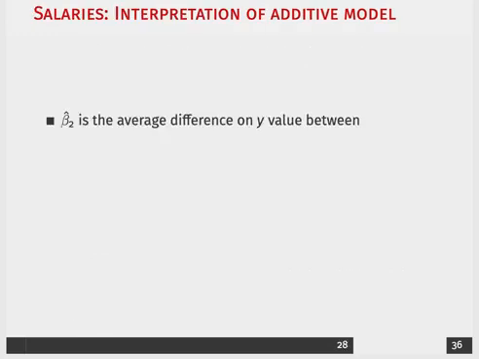Now, I also want you to carefully think about exactly what each of the betas is truly estimating and how we can selectively choose our language to precisely match what we're estimating. So beta 2, which is about our first dummy variable, about assistant, is the average difference of salary, our y value, between assistant professors and our baseline category, full professors.